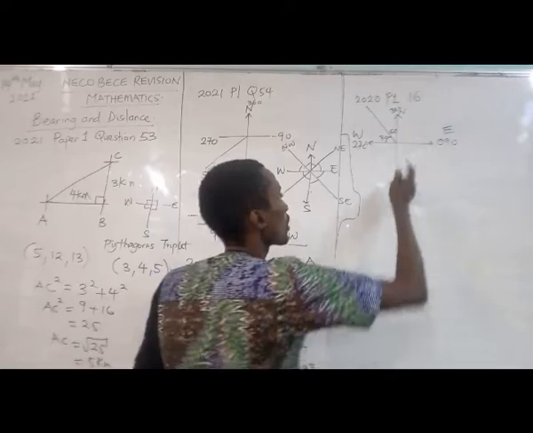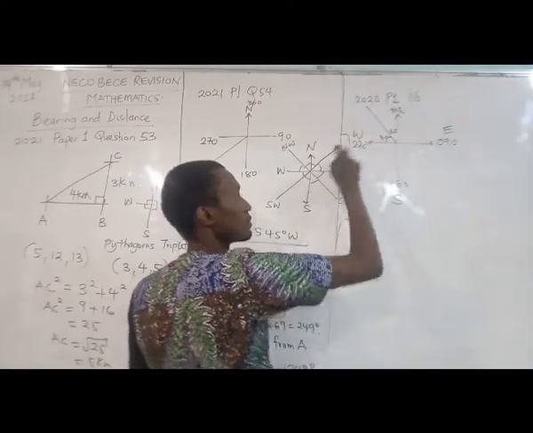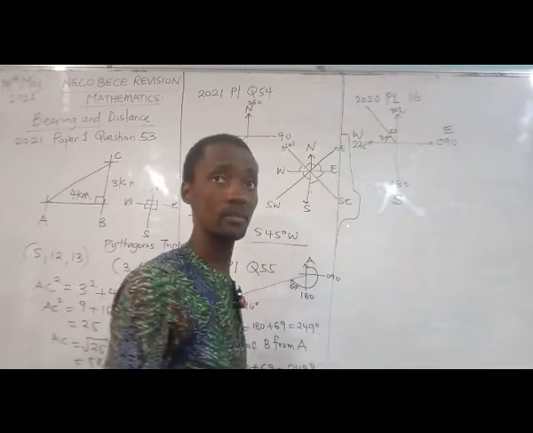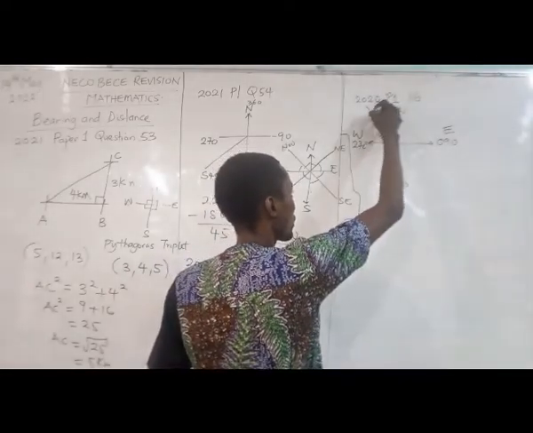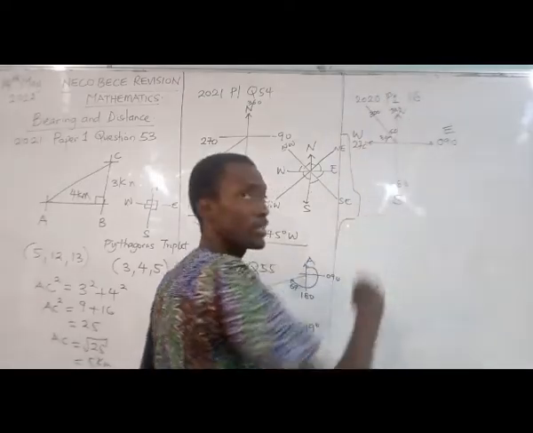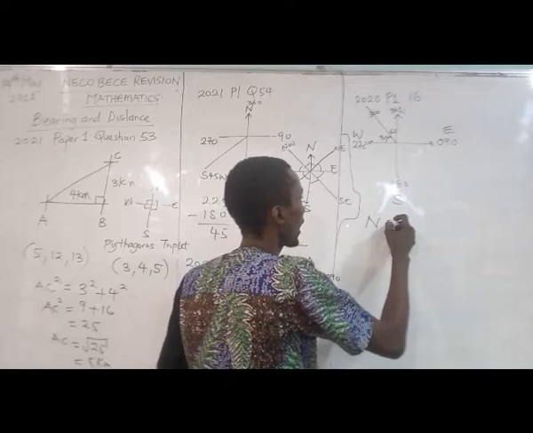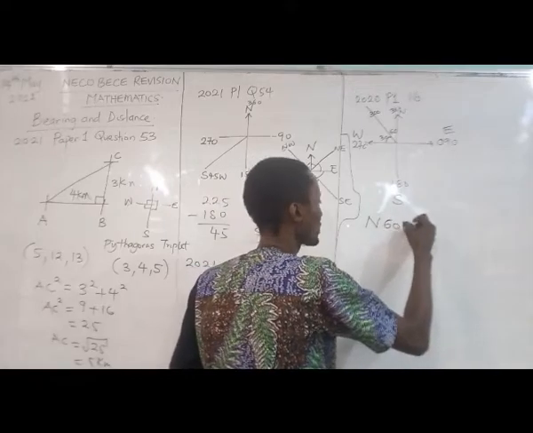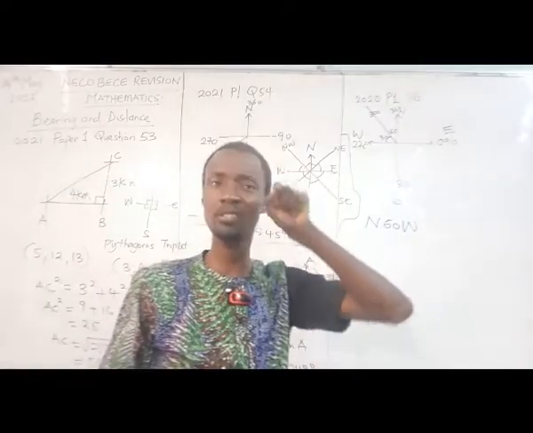So it will be north, move 60 degrees towards west. So 300 degrees will now be, this is 300. This way you have the 300 degrees mark. So it will be north, 60 degrees west. Now somebody might say, why are we not measuring from here? It means you missed the idea initially.